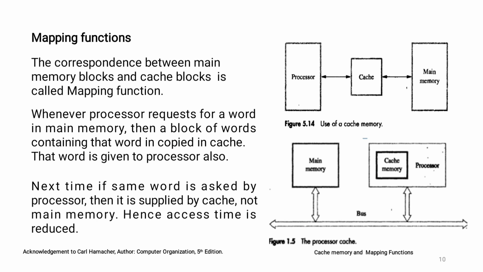Finding where that data is available in cache, that technique is called the mapping function. So the correspondence between main memory and cache memory is called the mapping function. In other words, where a physically addressed word from the processor into main memory can be found in cache memory, and the technique of finding it, is called the mapping function.